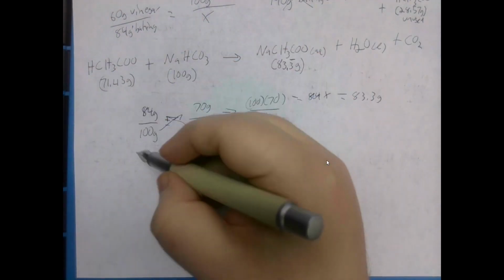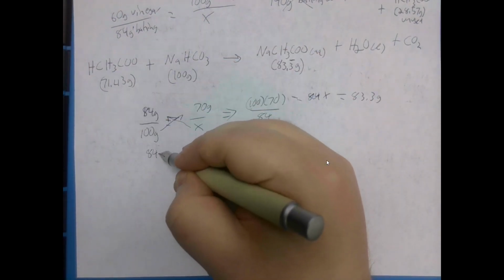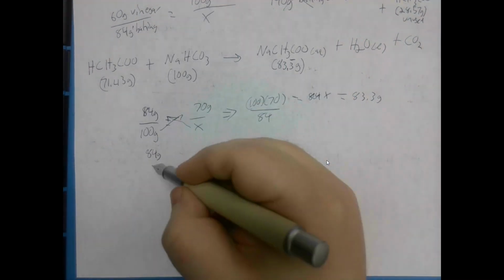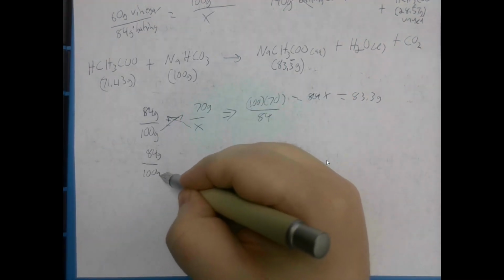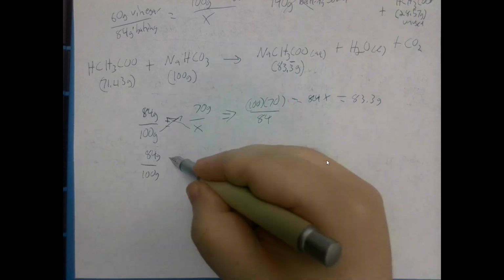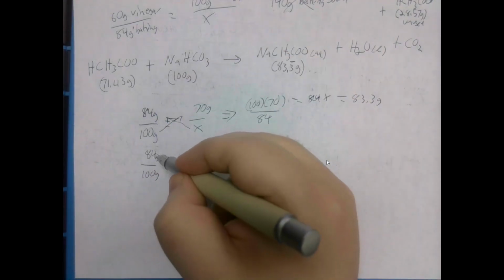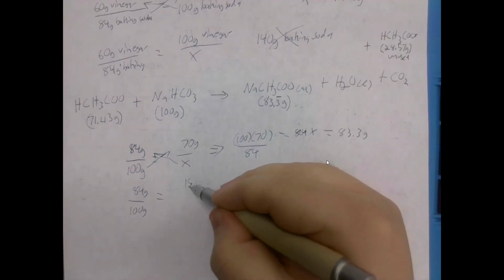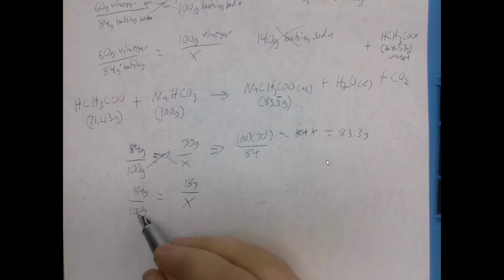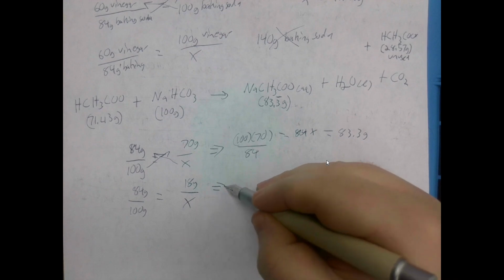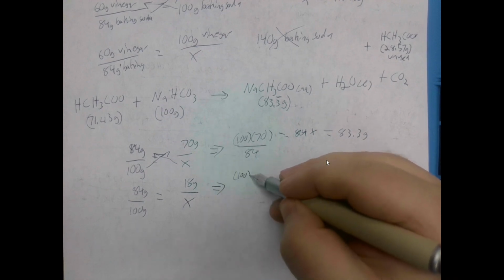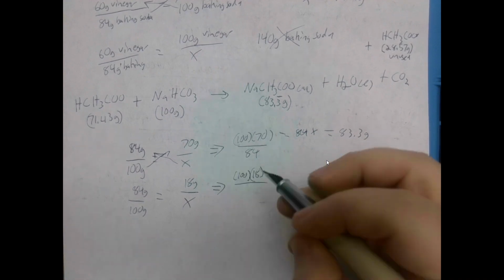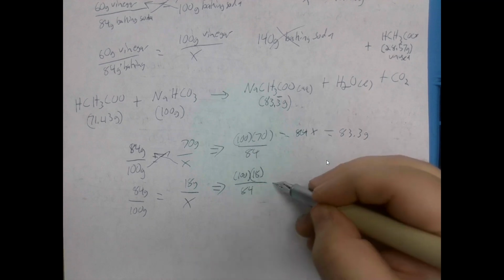Again, I know the ratio is for 1 mole is 84 grams of baking soda, but I'm using 100 grams of baking soda. If I used 84 grams, that would usually give me 18 grams of water. But what would it be for the 100? Same thing. It'd be 100 times 18 divided by our 84.